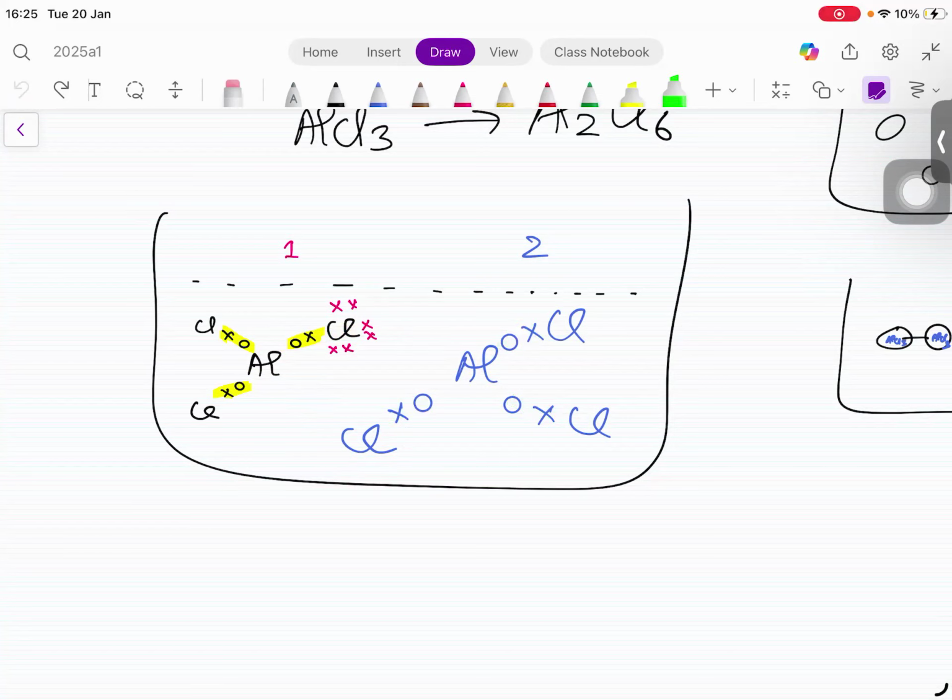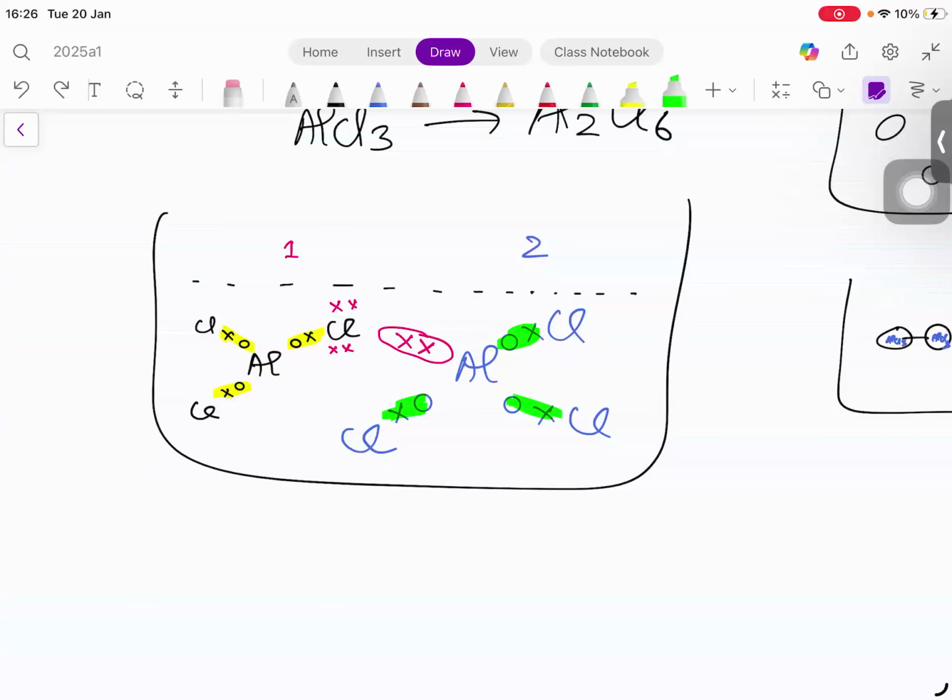So one of the Cl from number 1 is going to share its electron pair with that aluminum. There is no issue. They can share, with the electron pair given by the chlorine only. Look. Here. Now that aluminum has a complete octet.